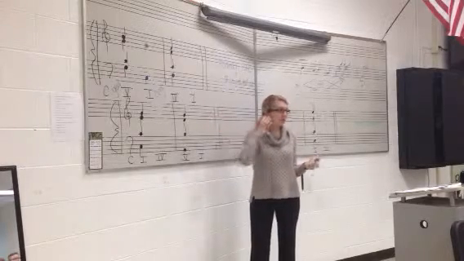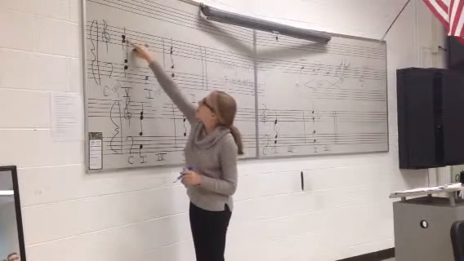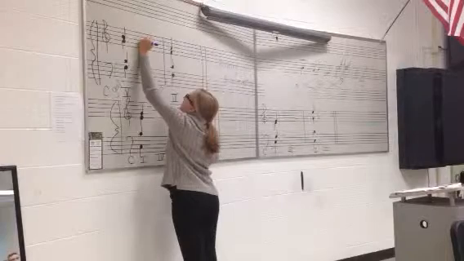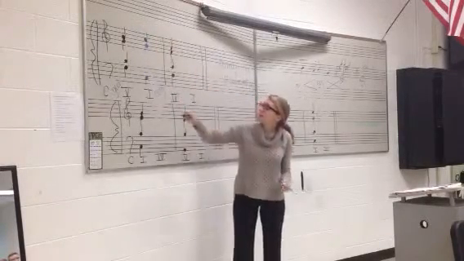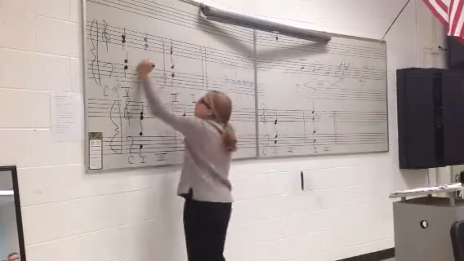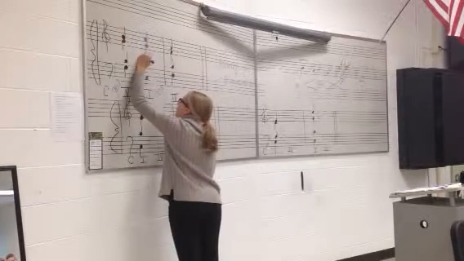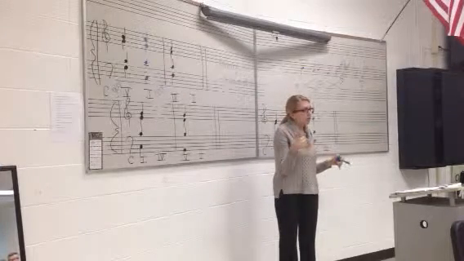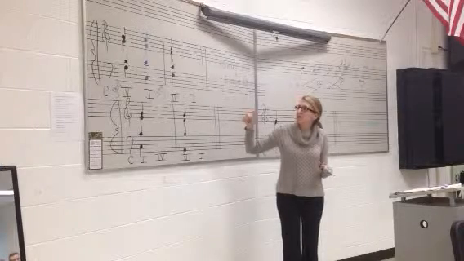The most logical place for this note to go would be right from Ti to Do, because B is a leading tone. We have to make sure that if it's in an outer voice, it resolves upward. So that's moving by a step. And then we have our D moving up to the E. So we found our common tone, stuck that in the same part, and then we moved up by a step.